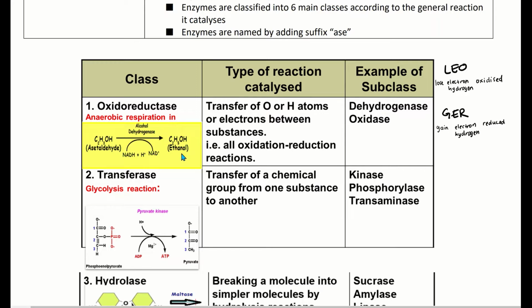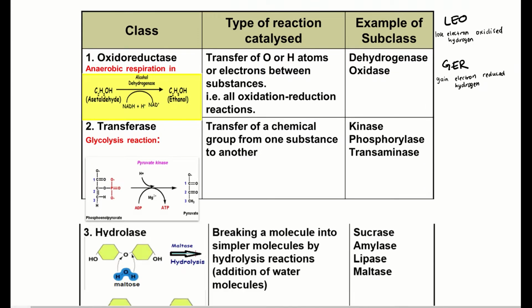So when you gain hydrogen, kita panggil sebagai proses reduction. Acetaldehyde is reduced to become ethanol. Verb dia, kata kerja apa yang you nak guna? Reduce. So acetaldehyde is reduced to become ethanol. Tu saya bagi tahu aja awal je.